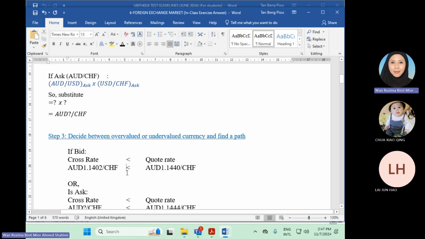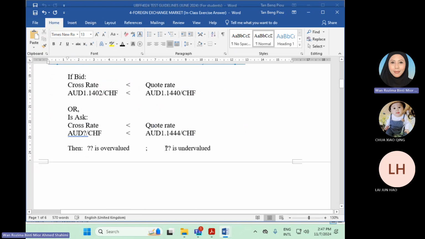Okay, undervalued first. Which currency? Aussie dollar. So AUD is undervalued and overvalued is Swiss franc. So what is the path? USD to Swiss franc, from Swiss franc to Aussie dollar, and then you finish with USD.